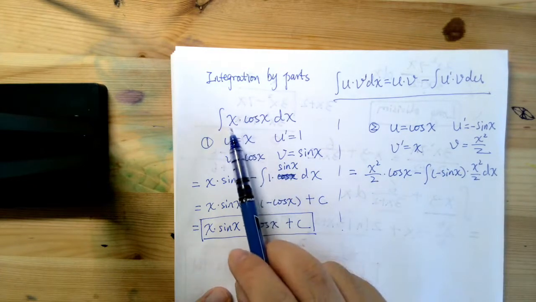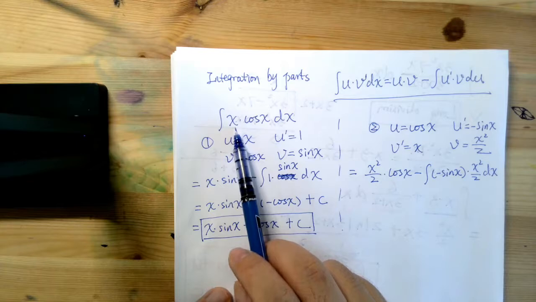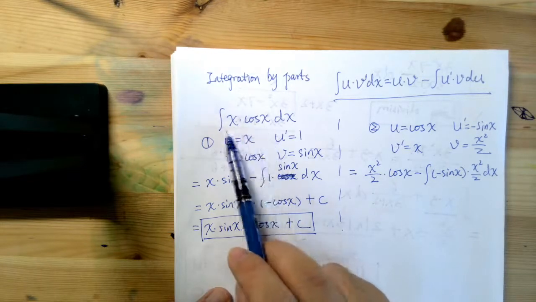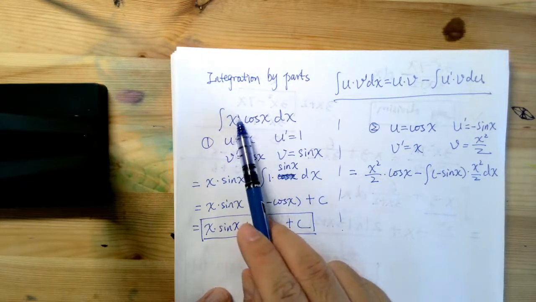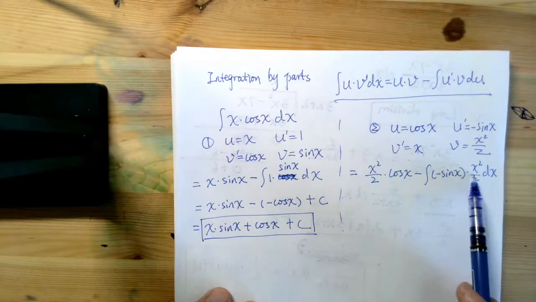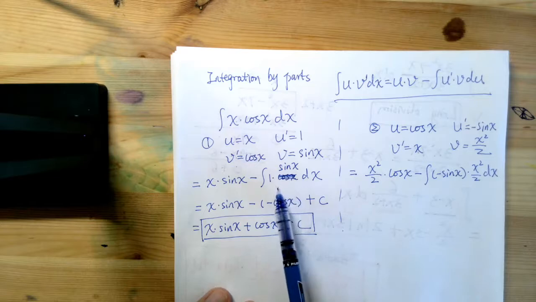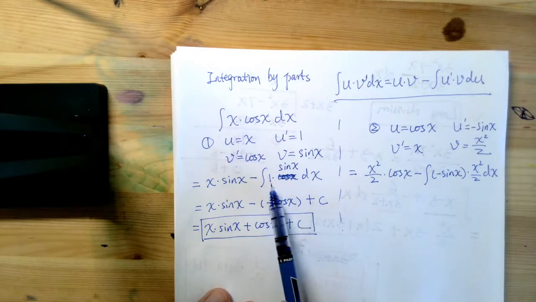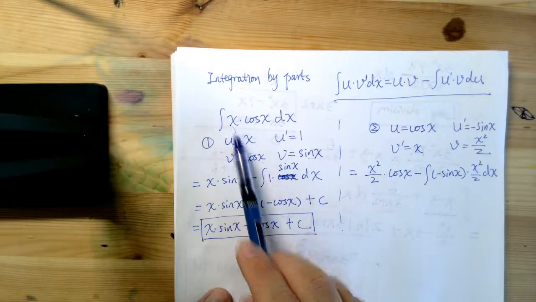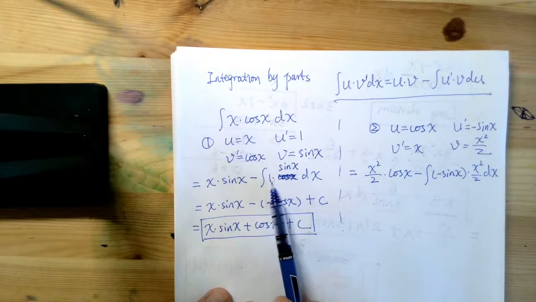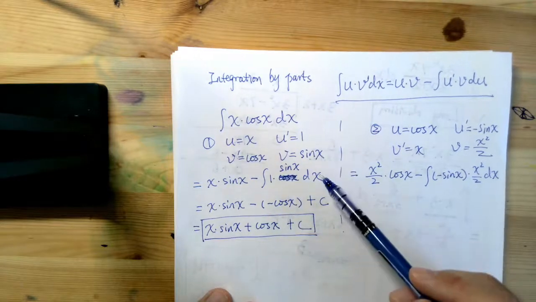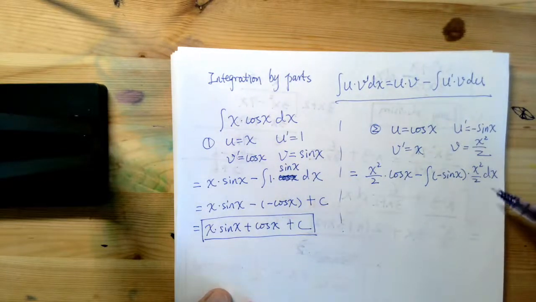So the order of the monomial inside of this integral, before it was 1, but after you do this, it becomes 2. While if we make choice 1, the order of the monomial becomes 0, because you can treat 1 as x to the power of 0. So one reduces the order, and one increases the order.